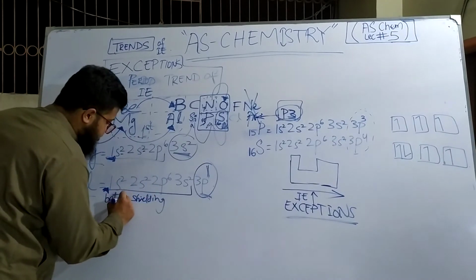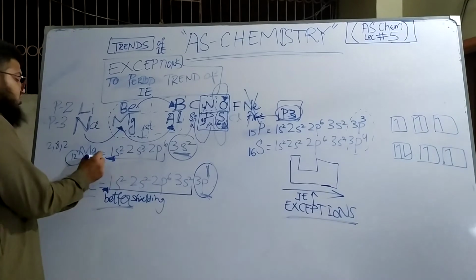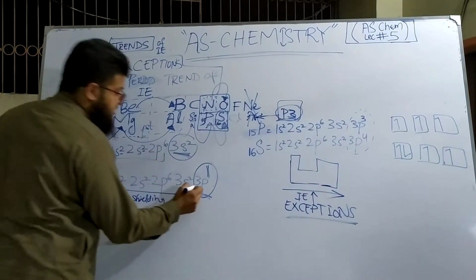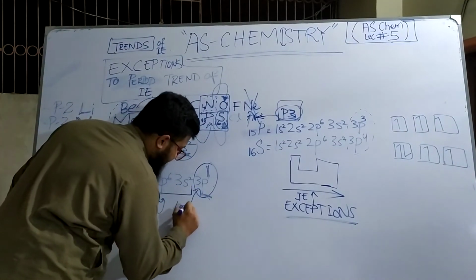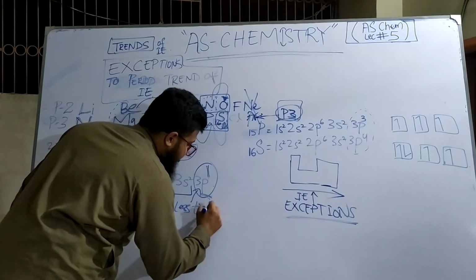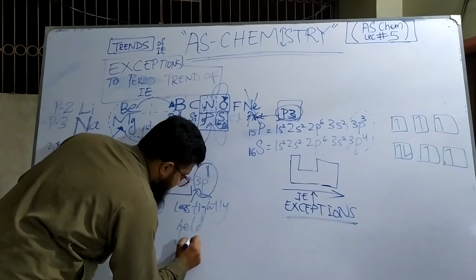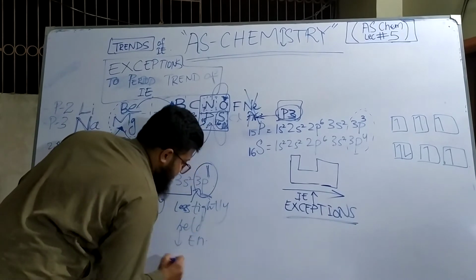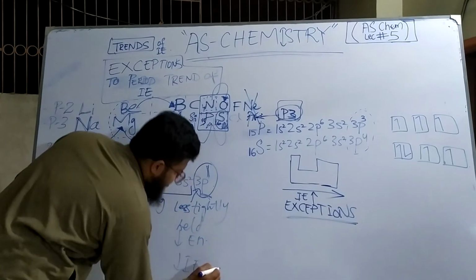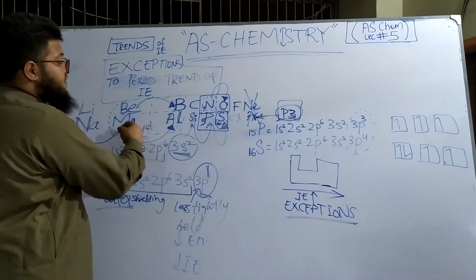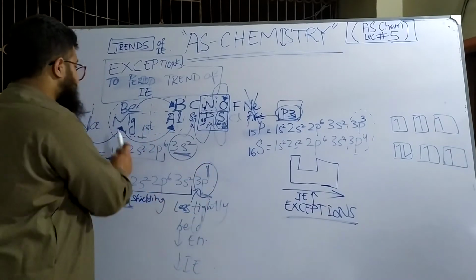It has a better shielding as compared to the outermost electron in magnesium. Therefore, it is less tightly attracted or less tightly held by the nucleus, and so lesser energy is needed to remove it. So lesser ionization energy. This explains why it does not follow the general trend from magnesium to aluminum.